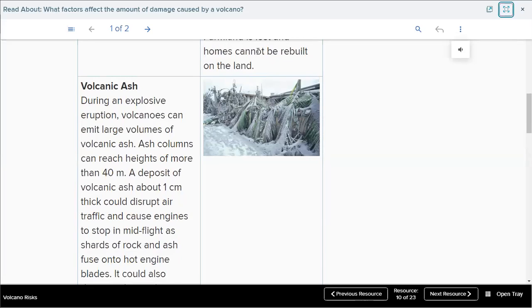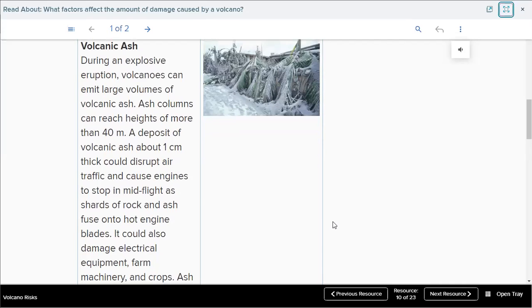Imagine this, that ash columns can reach heights of more than 40 meters. A deposit of volcanic ash about 1 centimeter. Deposit means remains of this ash. A deposit of volcanic ash means what?